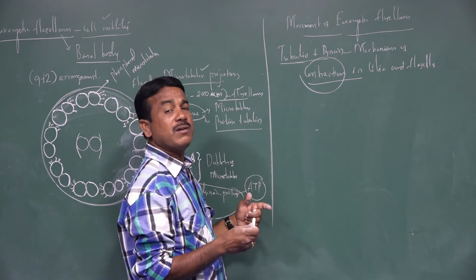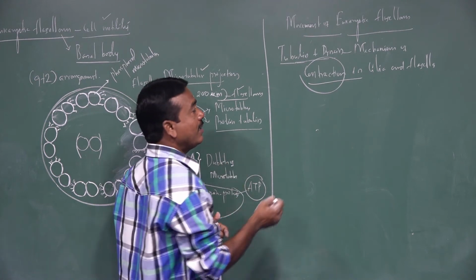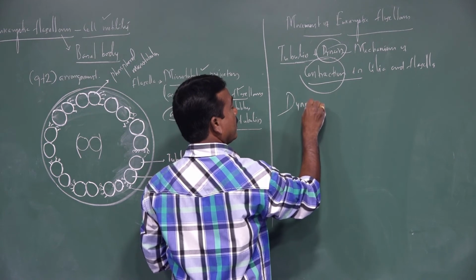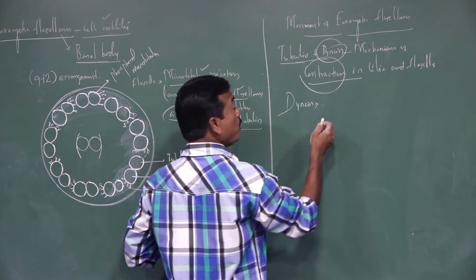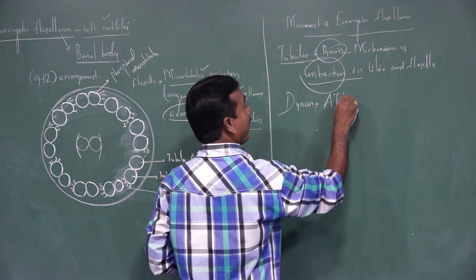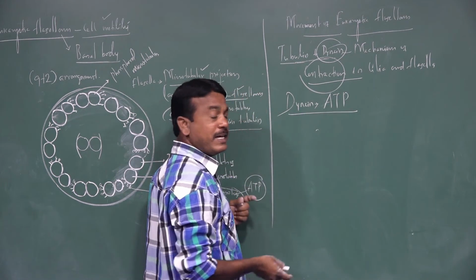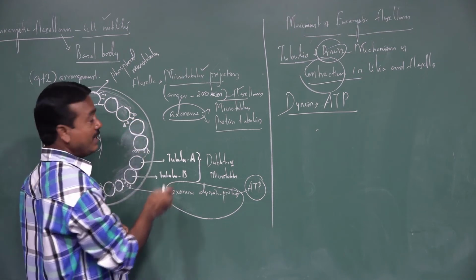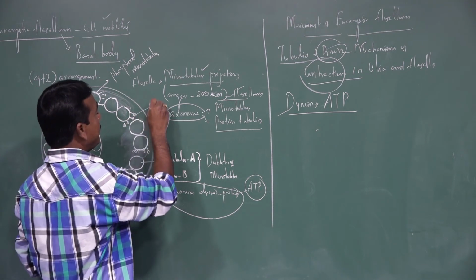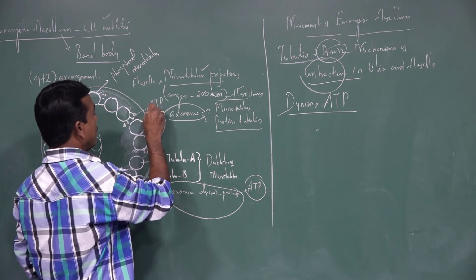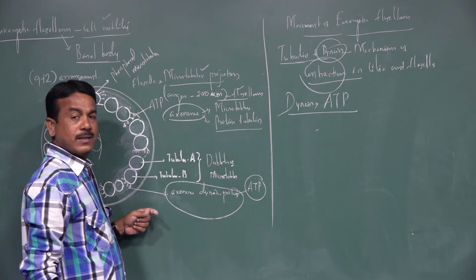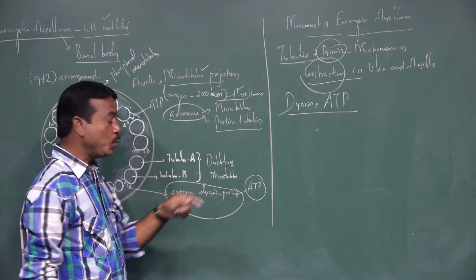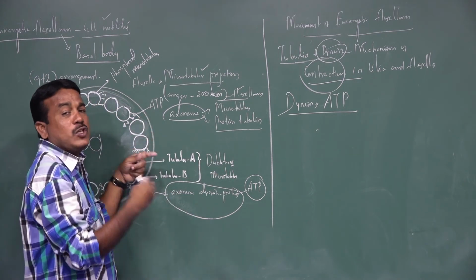For movement of flagella, the dynein derives energy from ATP. That derived energy is shifted to adjacent microtubules.